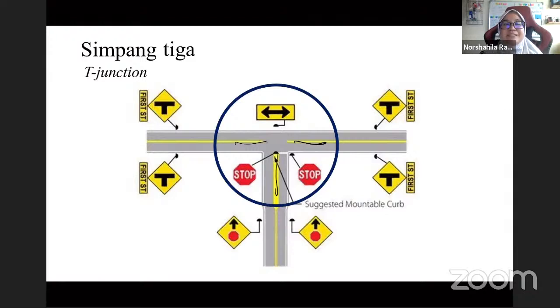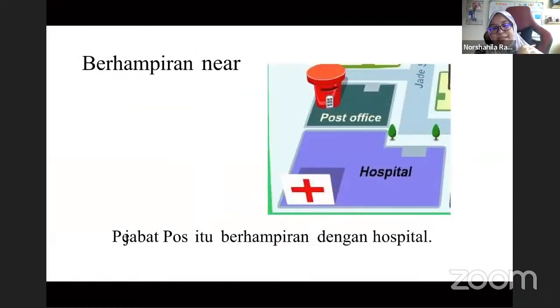Okay, you got it for the simpang: cross junction, T junction. So simpang in bahasa Melayu is very easy to figure out. It is either simpang 4 or simpang 3 based on the number.